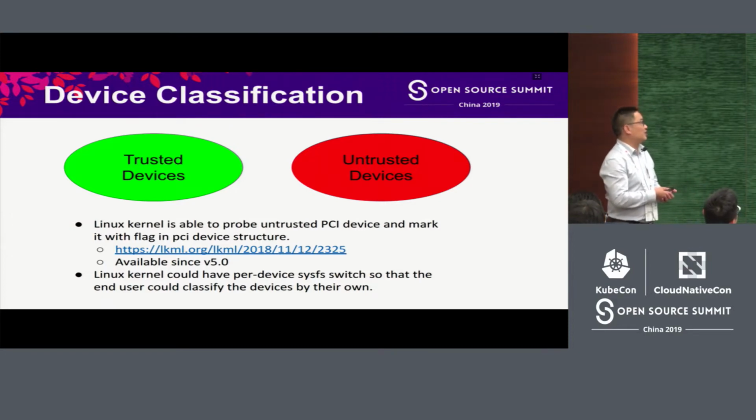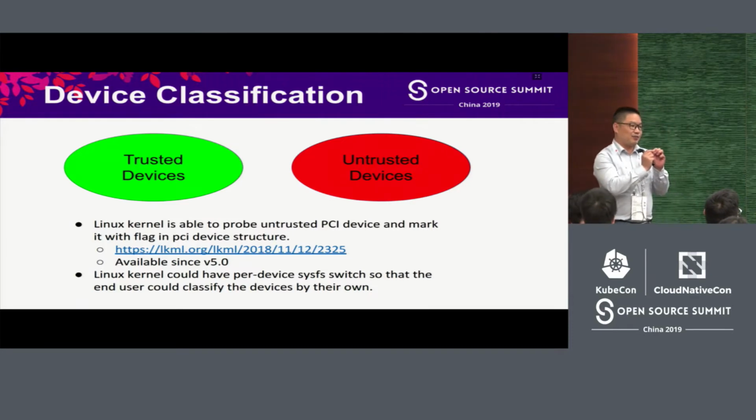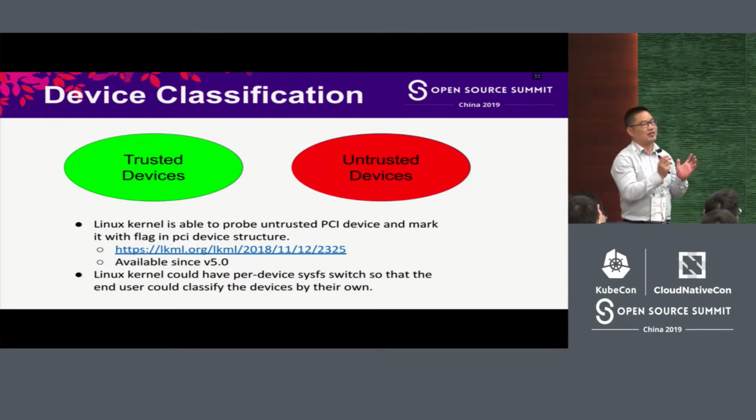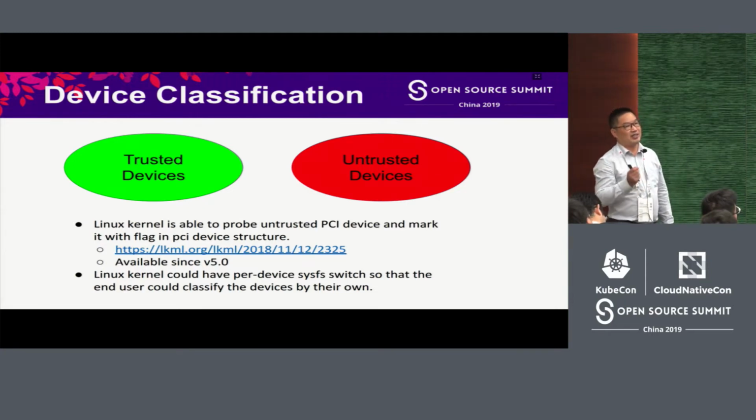So we submit the patch to the 5.0 Linux kernel. We have a portal, we have an interface for PCIe slots. Then we will report on all the untrustworthy devices from internally, and we will run the tests to see whether the device is trustworthy or not.